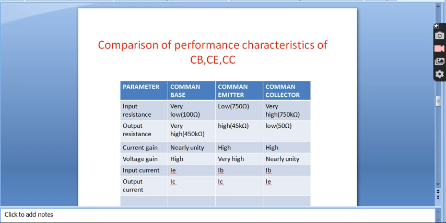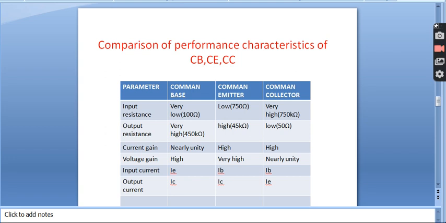The third region is the saturation region, where both the input junction and output junction are forward biased, and the transistor operates in saturation region. In the active region, the transistor operates as an amplifier.